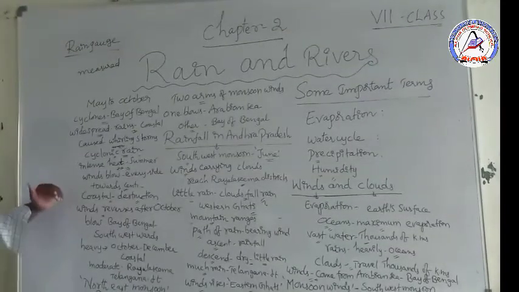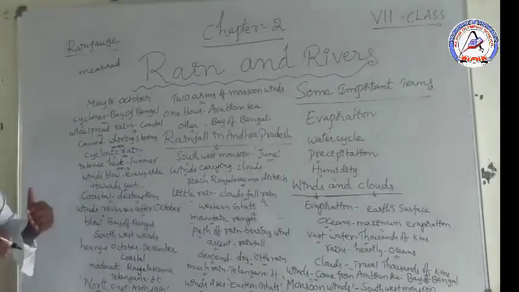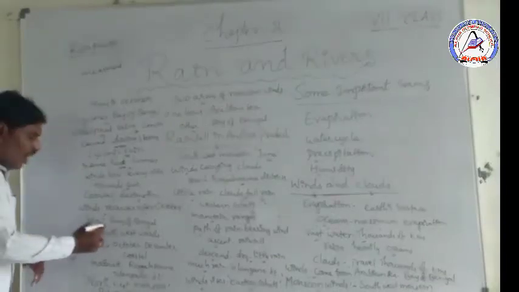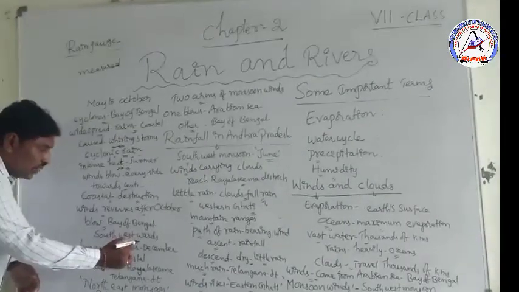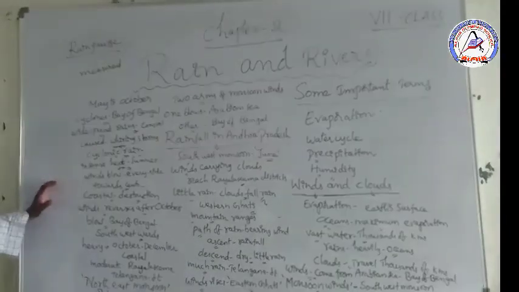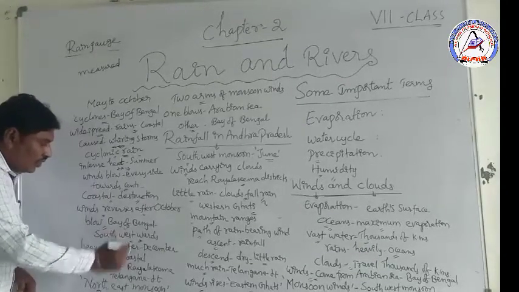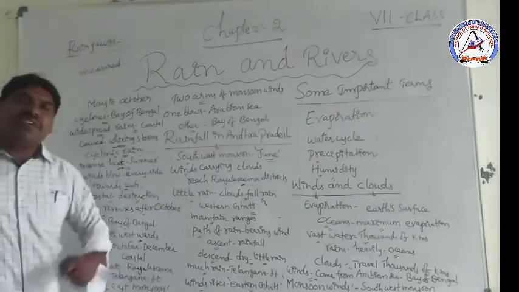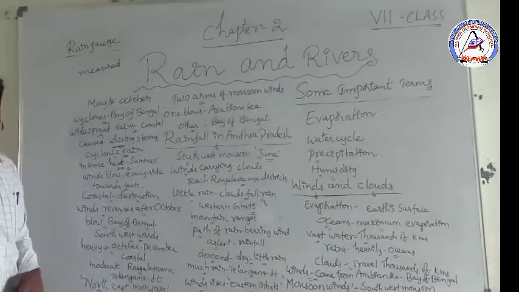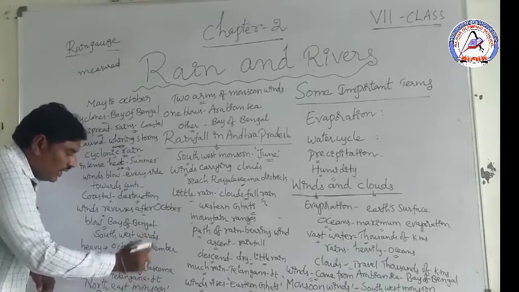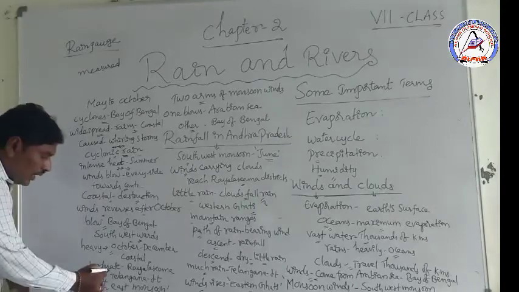Next, the winds reverse after October month. These winds reverse after October and blow from the Bay of Bengal southwestwards, in the southwestward direction. These winds give heavy rains in October and December months in coastal areas, and give moderate rainfall.